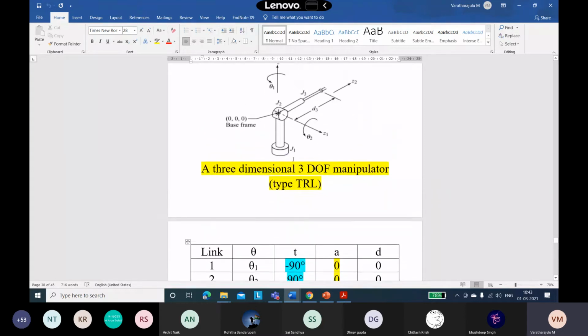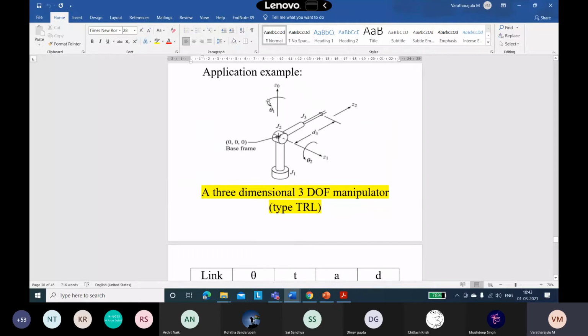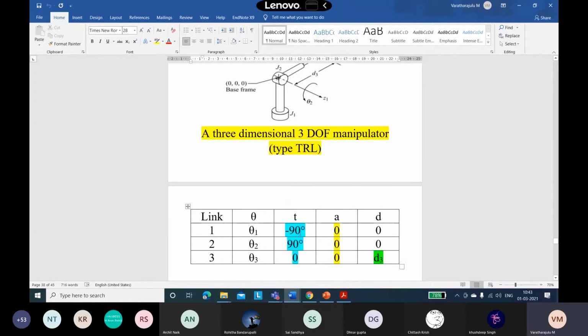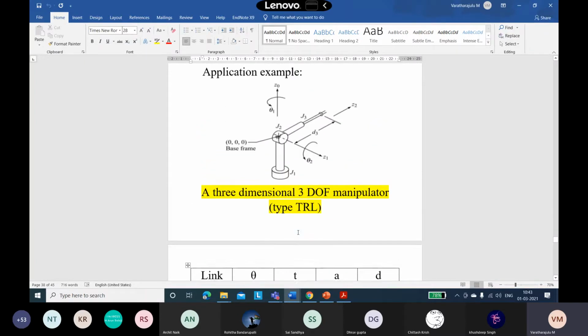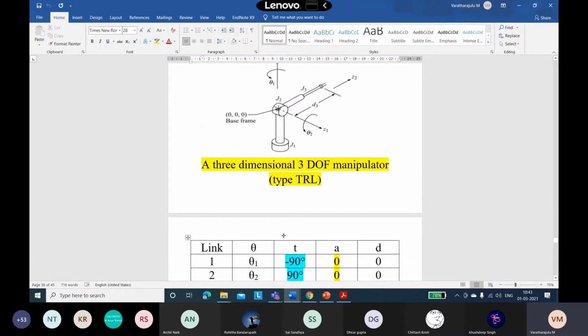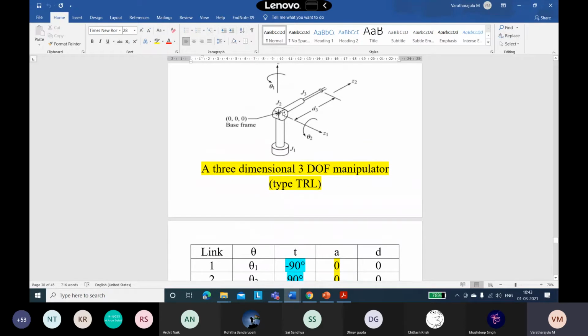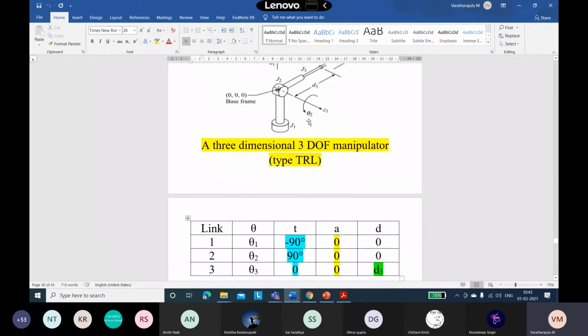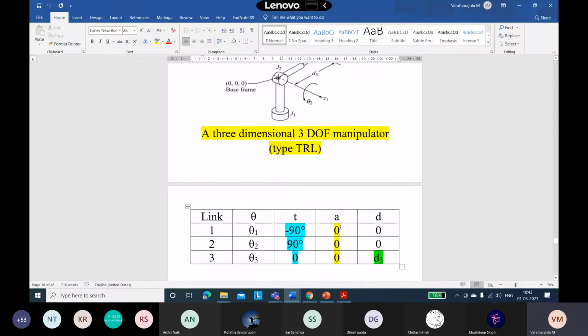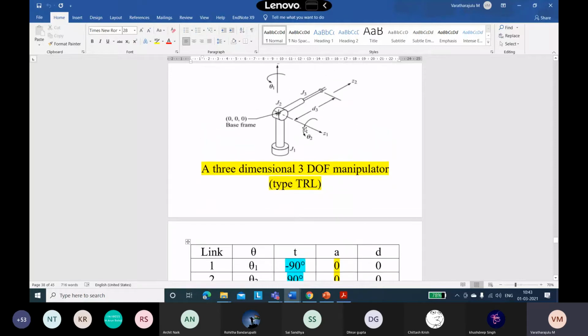Here in theta 1, z is the first axis, and we can tilt this robotic arm by minus 90 degrees, and theta 2 we can tilt by positive 90 degrees, and we don't have other terms like a and d with respect to link 1 and link 2.